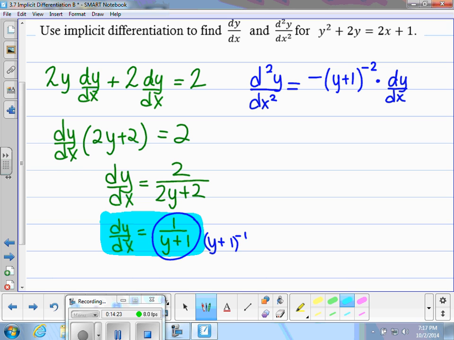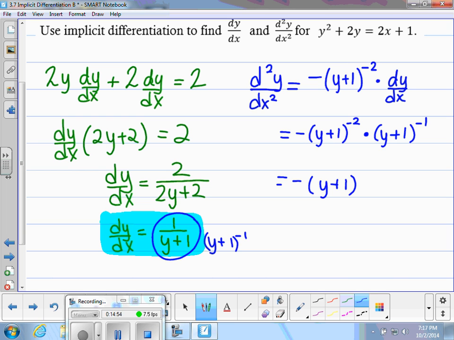No big deal. So this equals negative (y + 1) to the negative 2 power times, for the sake of the negative powers, (y + 1) to negative 1. Now these are common terms, so what I'm going to do with their exponents is add. So negative (y + 1), and then to the negative 2 plus negative 1 is negative 3. And there is my second derivative.